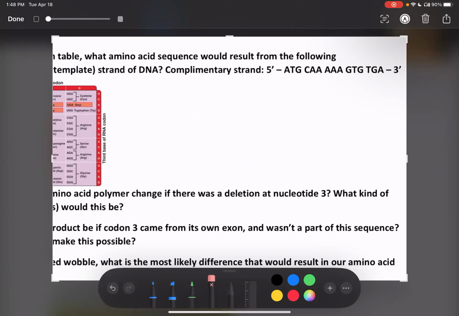So we first have to convert this complementary strand here into our template strand. And let's pay attention to the direction.